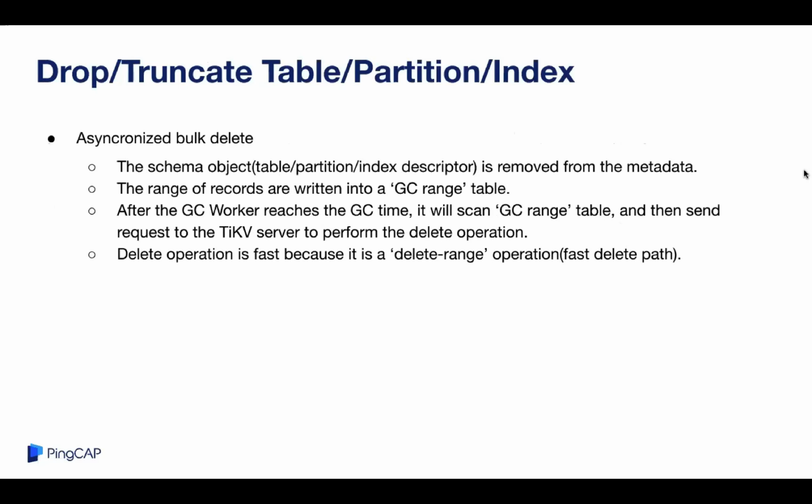We use an asynchronous bulk delete, which means that firstly we simply remove the schema object from the metadata, and then we write the range of records to be deleted into a GC range table, and the range of those records will be removed when the GC happens. It can be done in a very fast and effective fashion, which is a delete range operation.